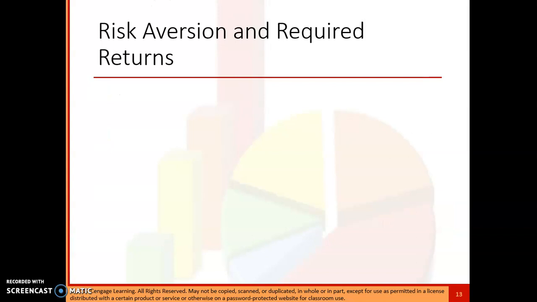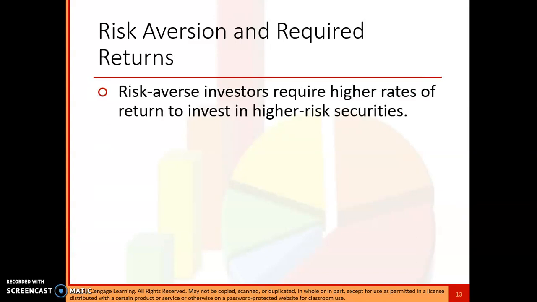Risk aversion and required returns. Risk-averse investors will require higher rates of return to invest in higher risk securities. In a lot of cases, there are investors who may not invest in higher risk securities at all, so the pool is going to be smaller, which increases the required rate of return even more.